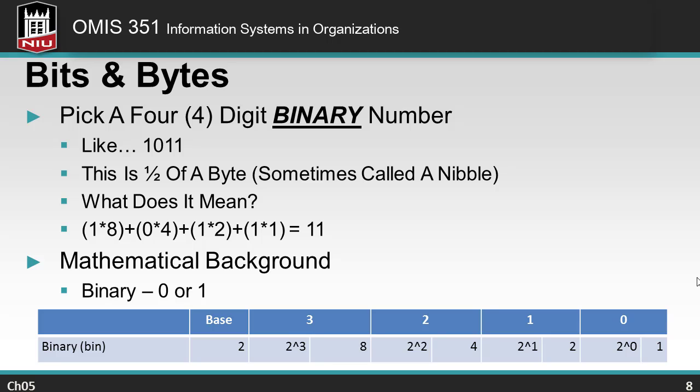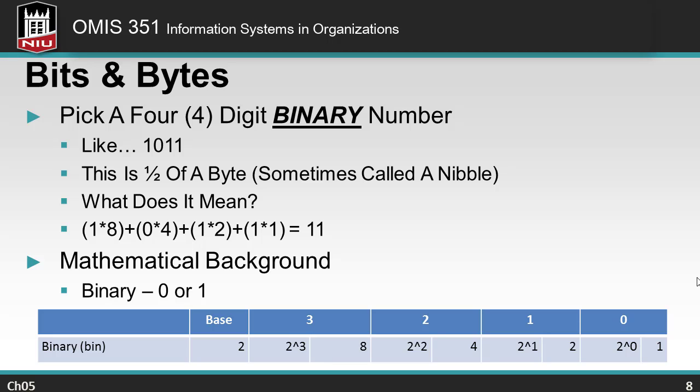Next, let's look at binary numbers. Let's start with a 4-digit binary number like 1011. We recall that a byte has 8 bits, so this is a 4-bit number, half of a byte. We can convert this binary number to decimal. Just like the decimal number 8352 in the previous slide, each binary digit represents a power of 2.